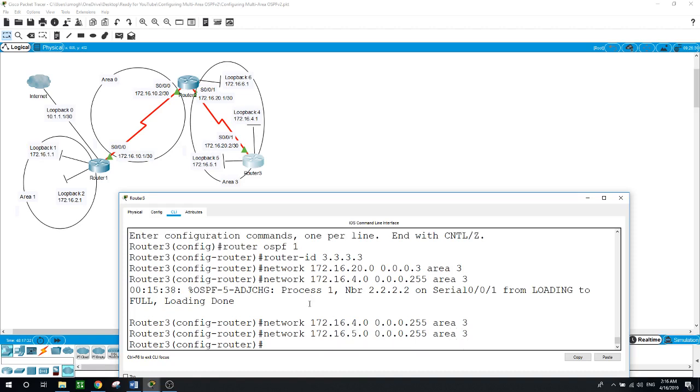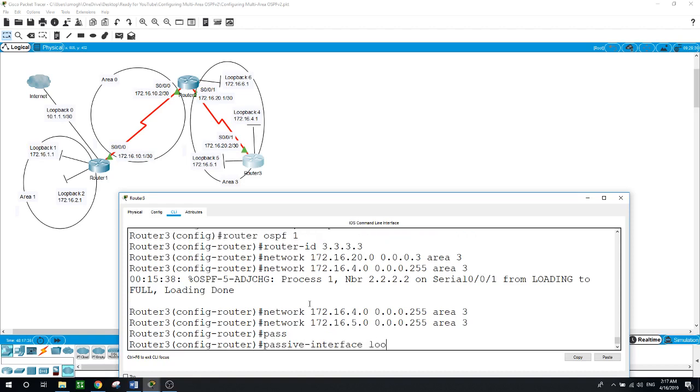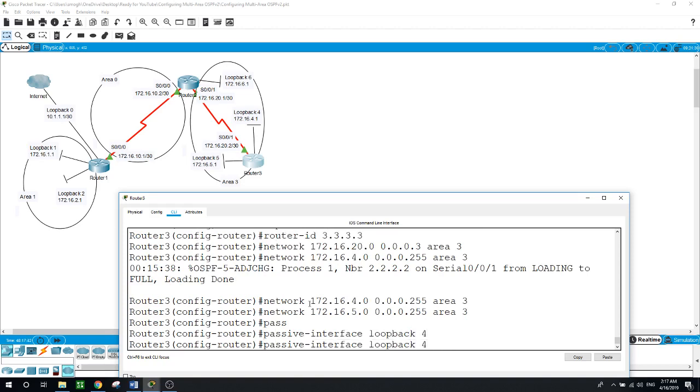We have two loopbacks to configure as passive interfaces, which are loopback 4 and loopback 5.